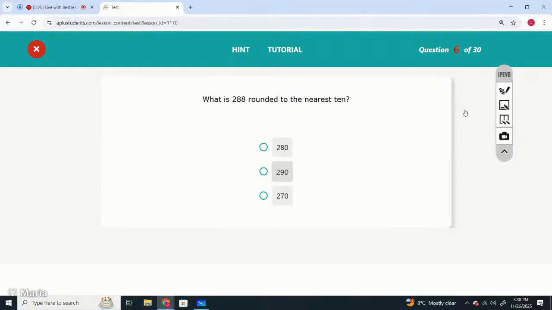So it would be rounded to 290. Option number 2 is the correct option. What is 252 rounded to the nearest 100? 252 is rounded to. You have to round it to the 100, so it would be rounded to 300. Option number 1 is the correct option.